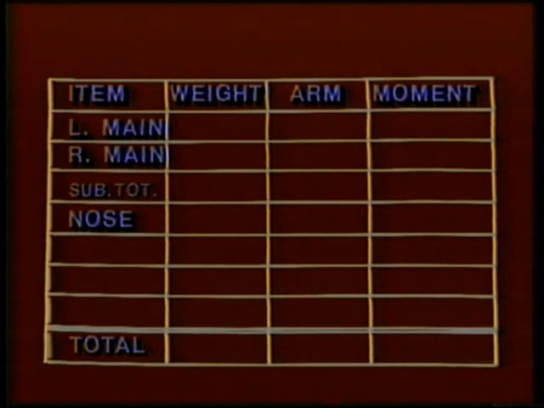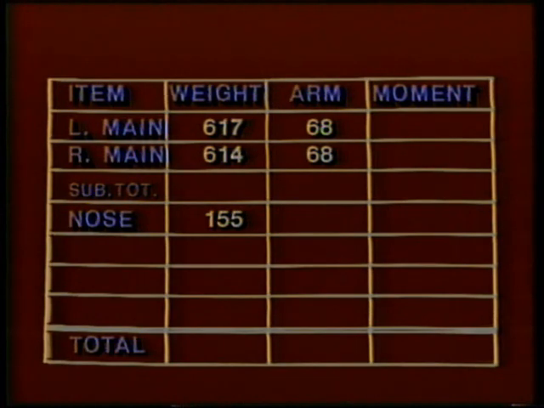In this example, the weight on the left main landing gear is 617 pounds and on the right main 614 pounds. Both main wheels are located 68 inches aft of the datum. The weight on the nose wheel is 155 pounds and is located 26 inches ahead of the datum.